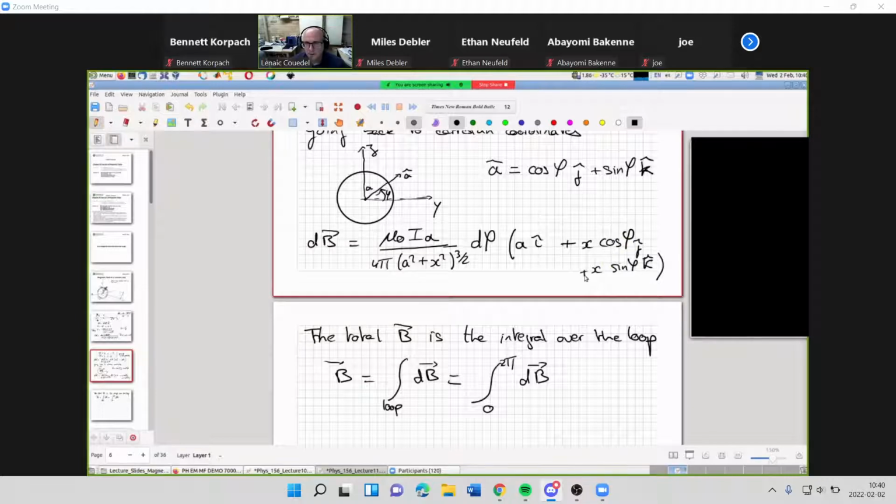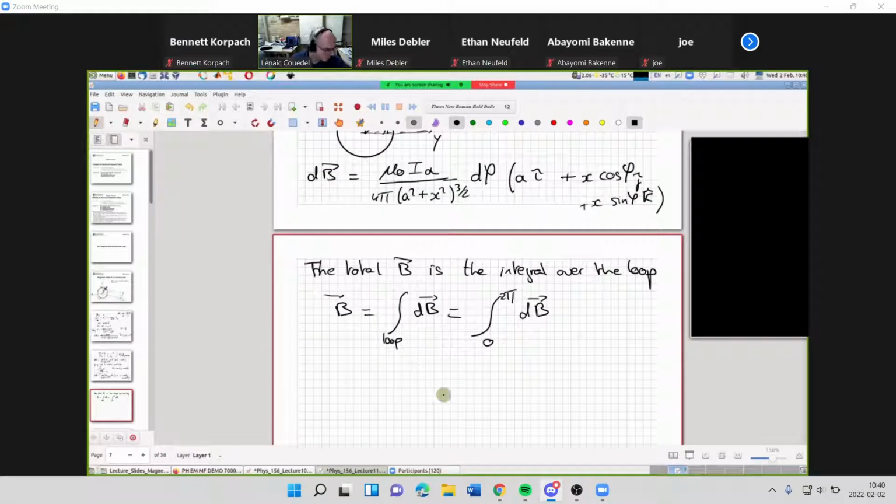As you should remember from your math lecture, if you do the integral from 0 to 2 pi of cosine phi d phi, what is the result? I mean, the final result.